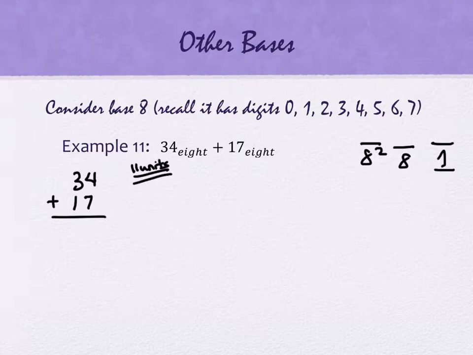But the question is, how many do we have in terms of groups of 8? If you have 11 units, how many groups of 8 is that? One group of 8, with how many left over? 3? Okay, so we would move over into the 8's column, there's 1 group of 8, and we'd have 3 left over.